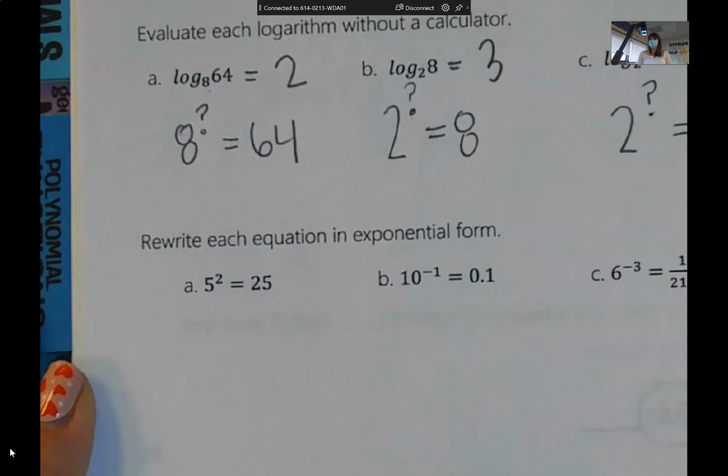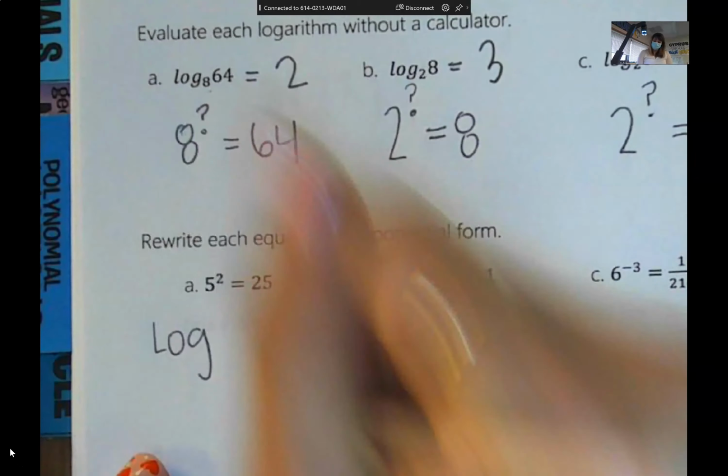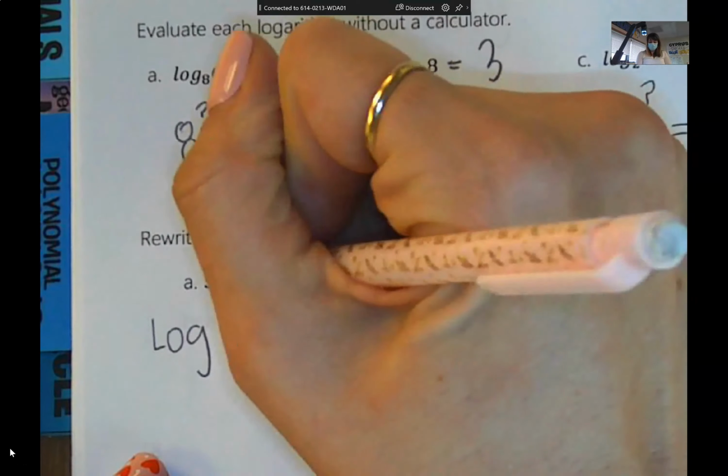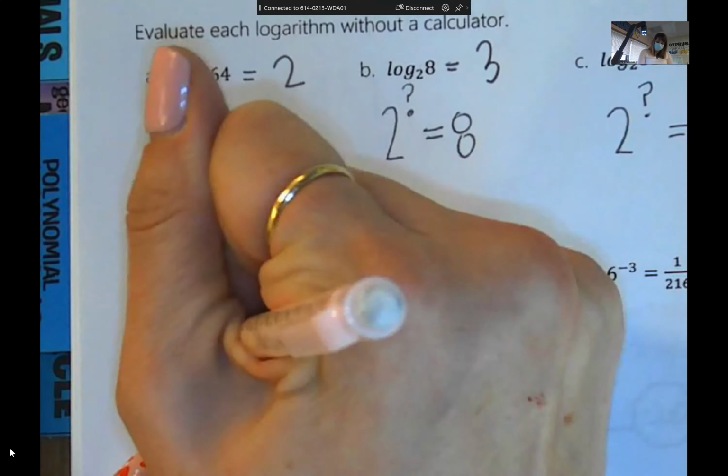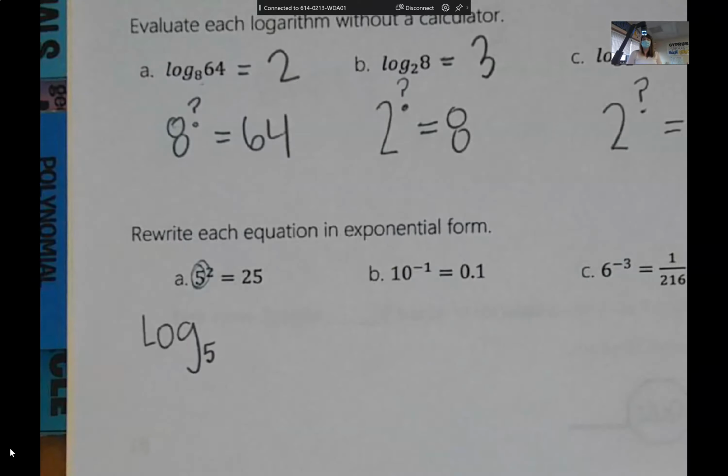It's very similar. So we're going to write log, and then this 5 becomes the base. So you write that down on the tail of the G, because this is now log base 5.